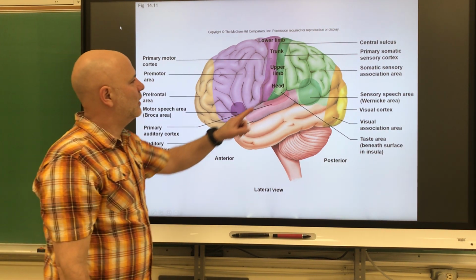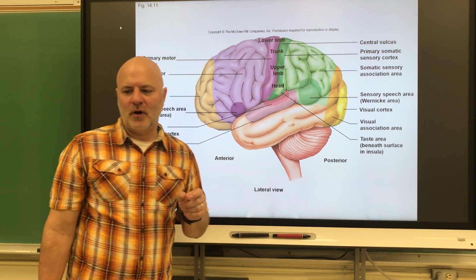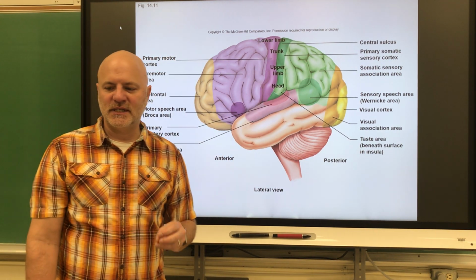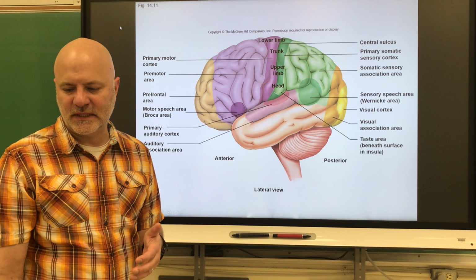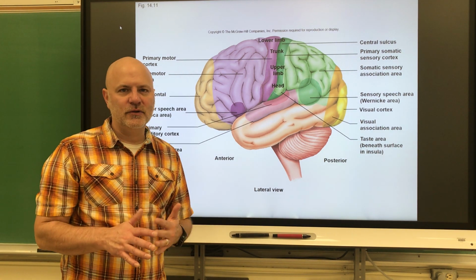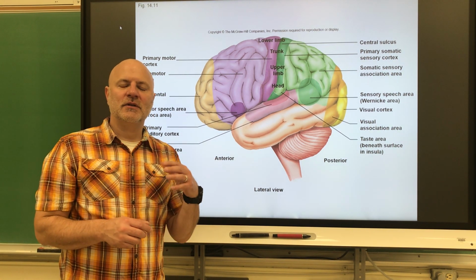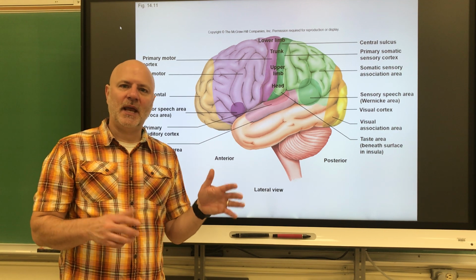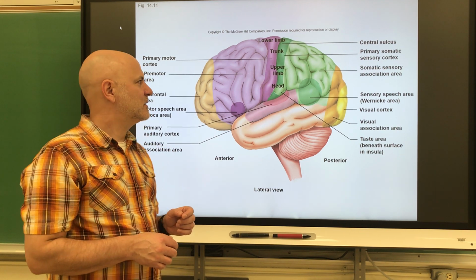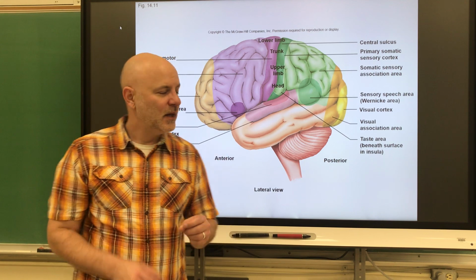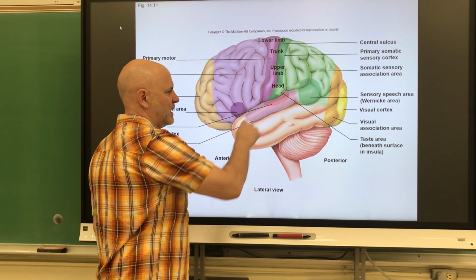Next is the parietal lobe, shown here in green. Our parietal lobe is a major center for reception and evaluation of most sensory information. This does not include smell, hearing, or sight. So you talk about touch, pressure, pain, stuff like that. That's determined in our parietal lobe. Next is the temporal lobe. So here's our temporal lobe.